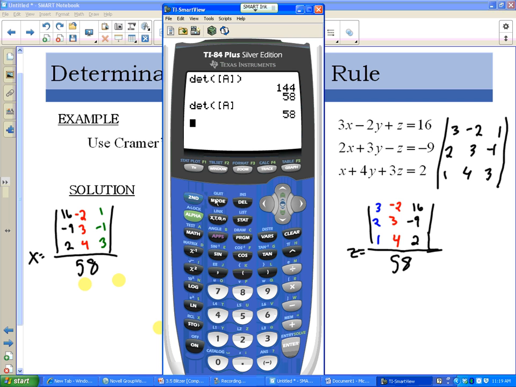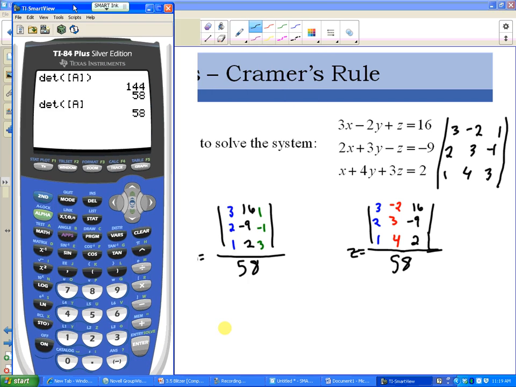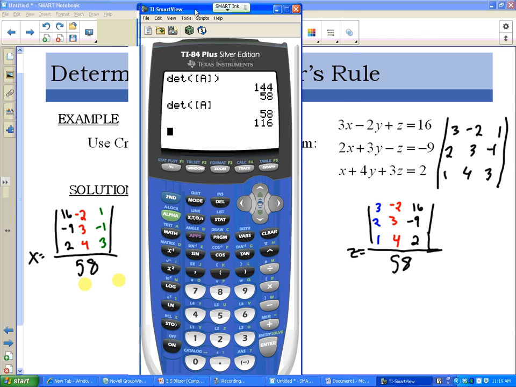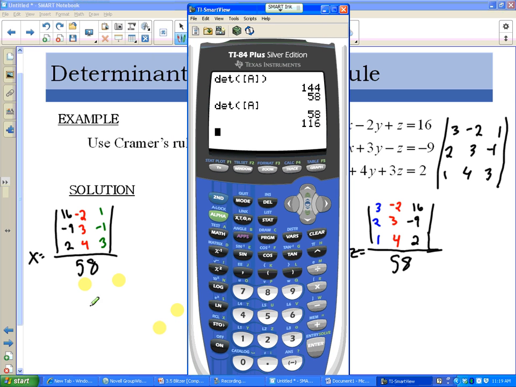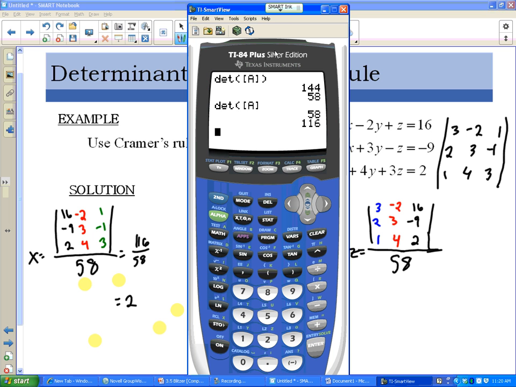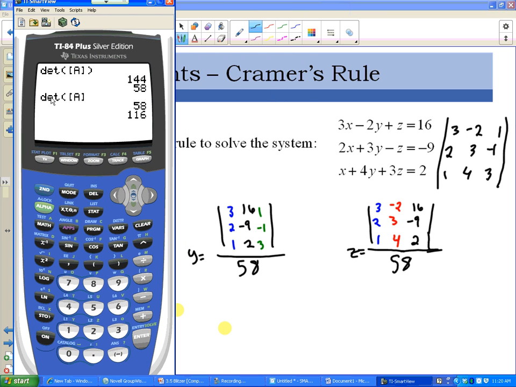So I'm going to quit. And remember, I just did the determinant of A. That's where my new matrix is. So if I press enter and get 116, then that means that this is 116 over 58, which equals 2. So x equals 2.